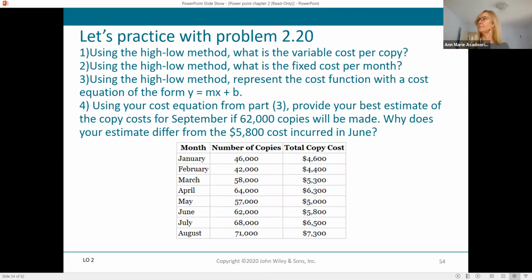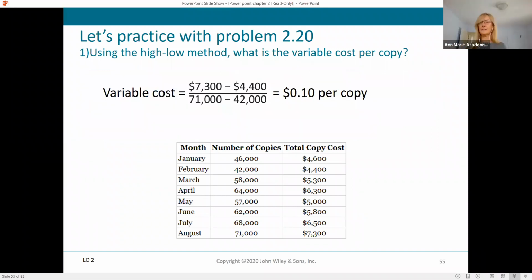Can you get the slope of this line? What do I have to do? Kenzie. You have to do the total cost from August subtracted by the total cost in February over the change in units of level of activity.